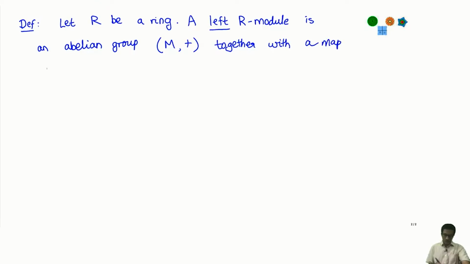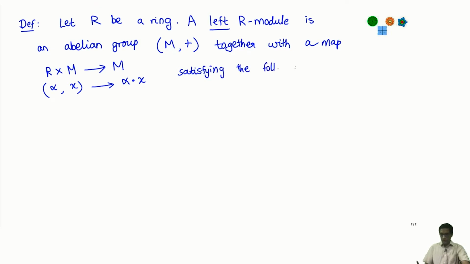This map is from R cross M to M. Given an element alpha in R and x in M, let's denote the image of this map by alpha dot x, satisfying the following axioms.